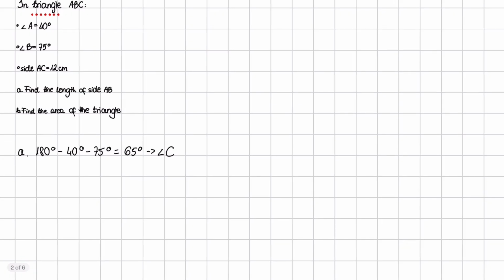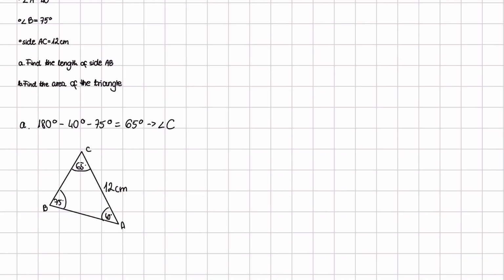And now let's draw this triangle to see how it looks. So this is our triangle, and we have to find the length of side AB, so this side. So we can use in here the sine rule.